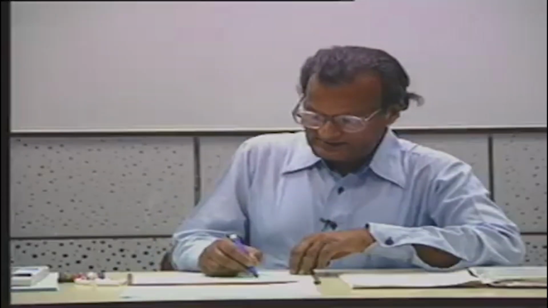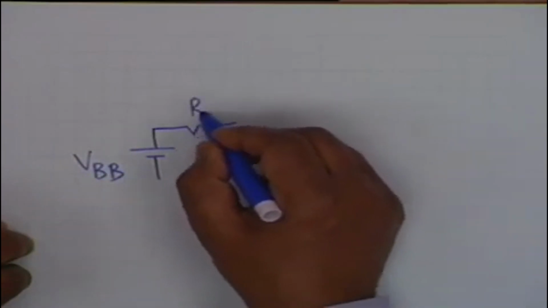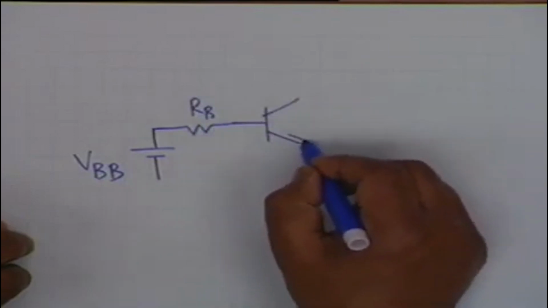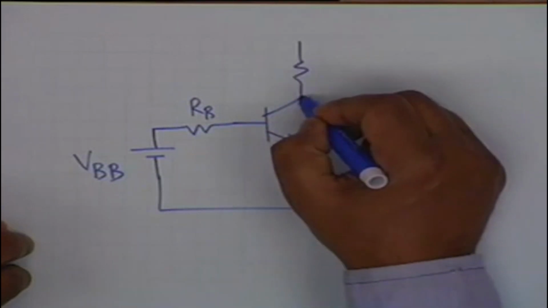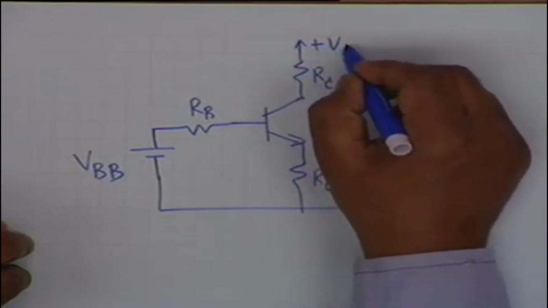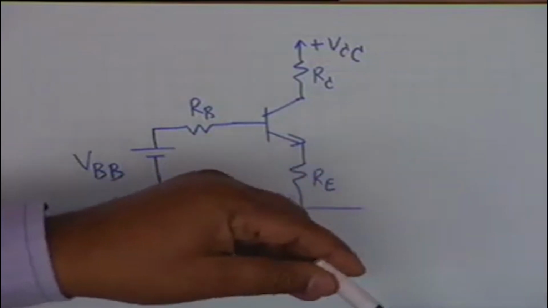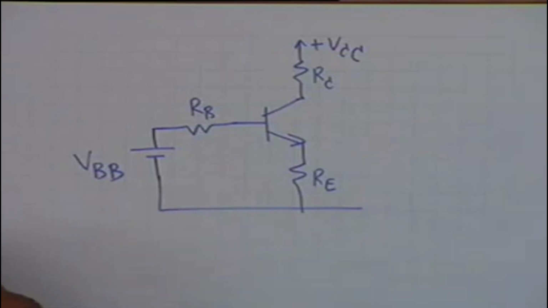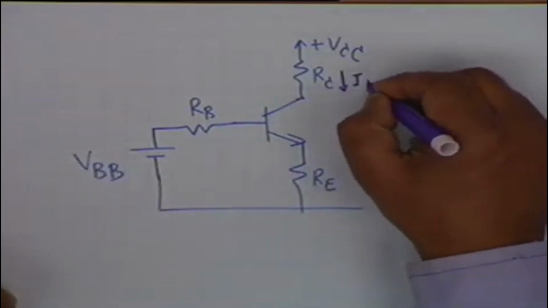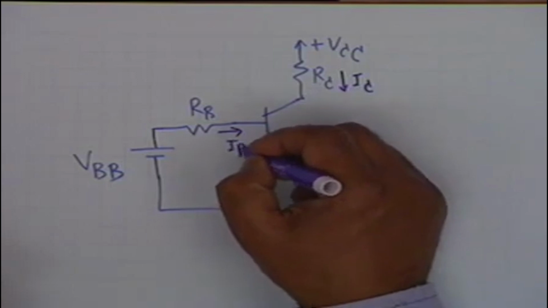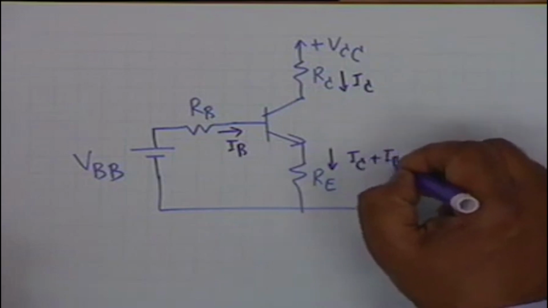The equivalent circuit becomes: I have a VBB, then I have R sub B, then the transistor, RE, then R sub C plus VCC, and this current is I sub C, and this current is I sub B. Therefore, also this current is I sub C plus I sub B.